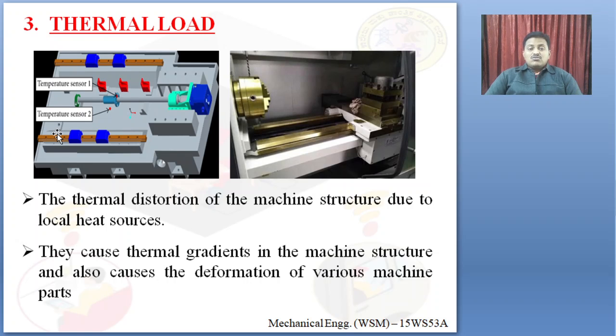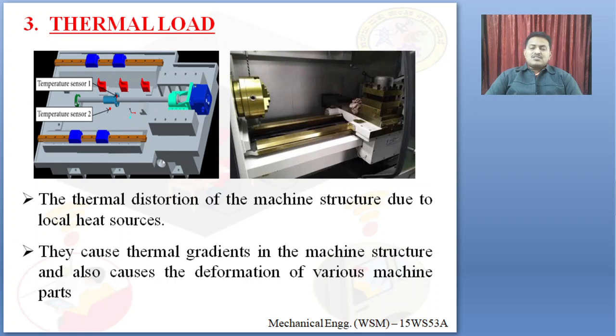What happens due to this heat? The cutting speed is very high, the depth of cut is very high, an enormous amount of heat is generated, and the temperature increases drastically. Once the temperature becomes very high, the metal, whether it is a fixture, a cutting tool, or any moving part, and the workpiece itself, may expand.